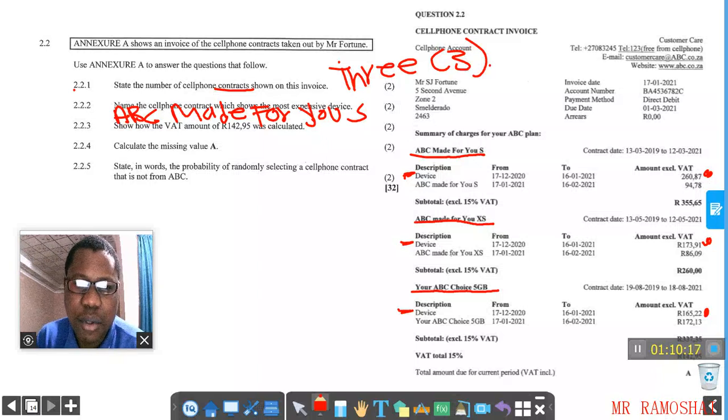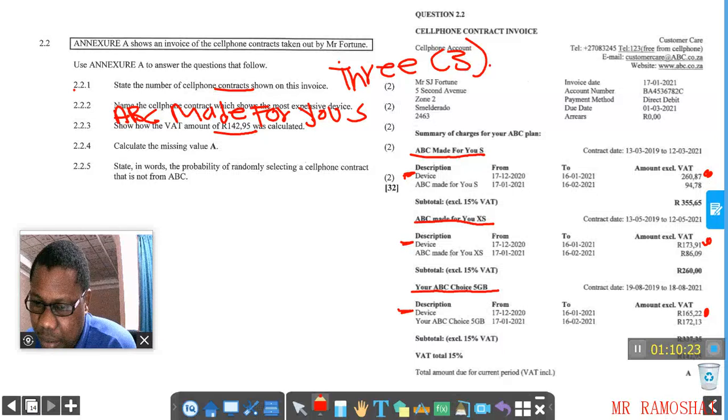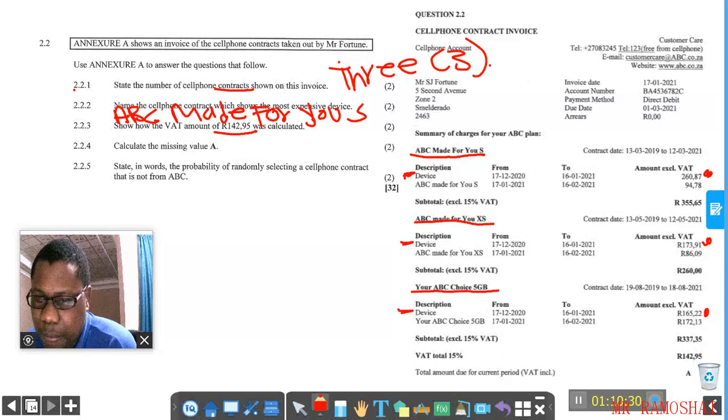Show how the VAT amount of 142.95 was calculated. Let's check that amount. We can see it. It is right here. So we want to know how was it calculated. Understand?